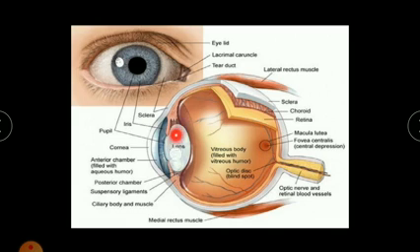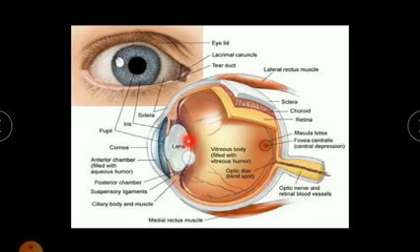Before the lens, it is the anterior chamber, and after the lens, everything comes under the posterior chamber.